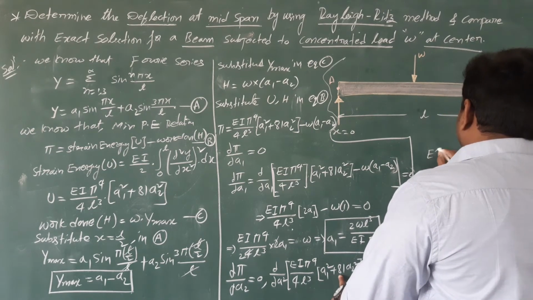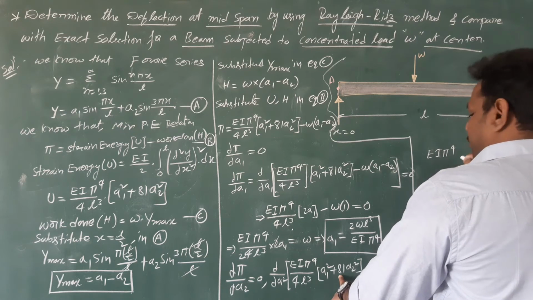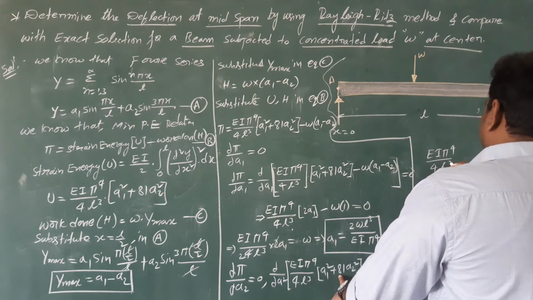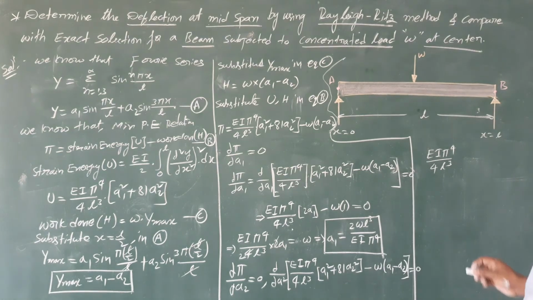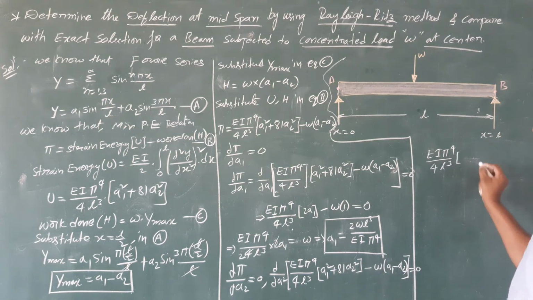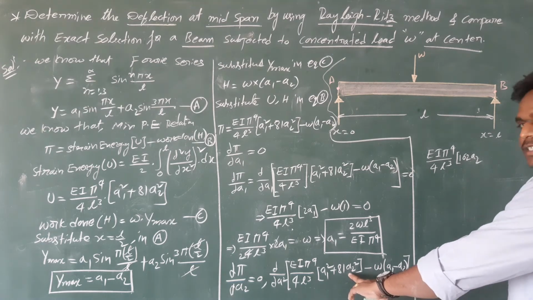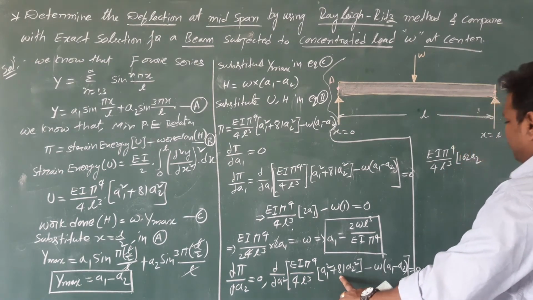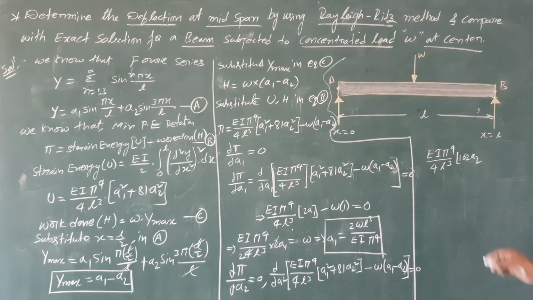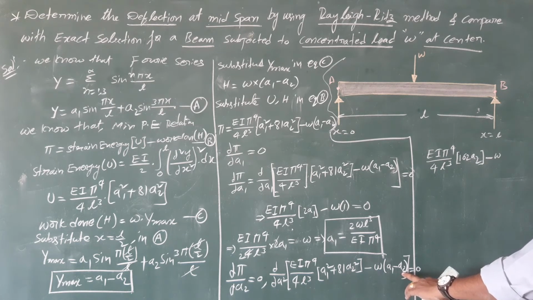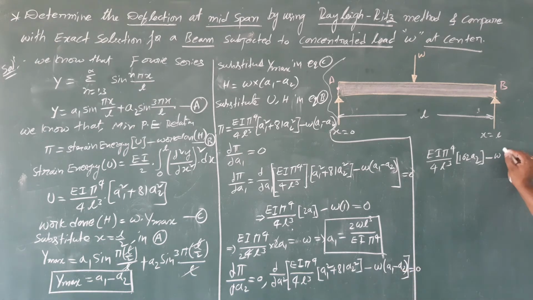So now EI pi power 4 by 4L cube into 162 a2, minus W into a2 differentiation is 1, that is minus 1 here.